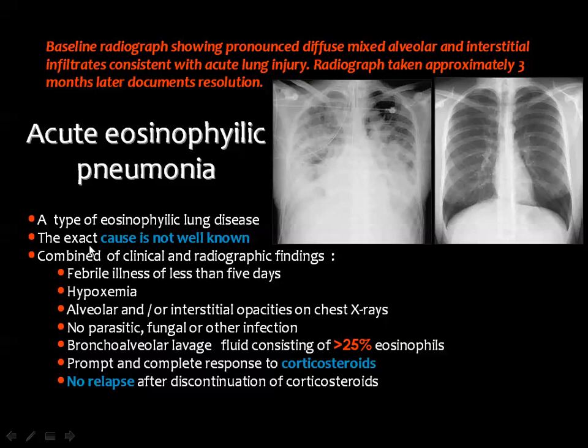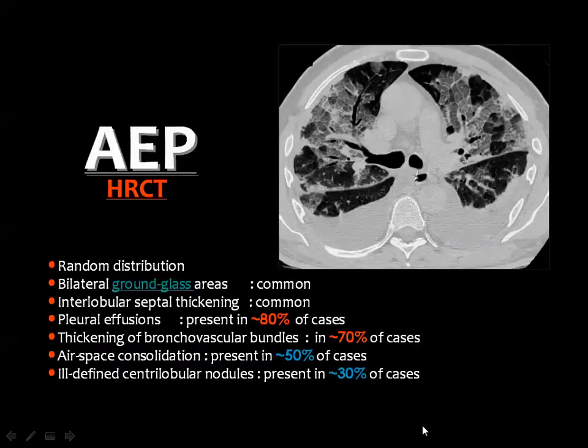The exact cause is not well known, and the response to corticosteroids is dramatic. Here, this is the chest radiograph of a patient with alveolar and interstitial infiltrates. This is the follow-up radiograph obtained 3 months after corticosteroid therapy, and he got complete resolution of the disease.